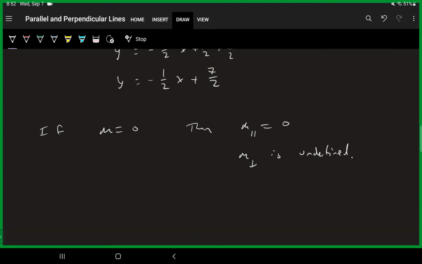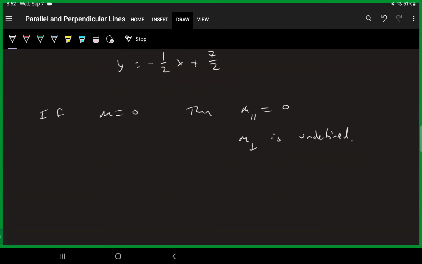So if you're given horizontal lines, you're just going to look at your y value to get the graph, and it's best to do these with graphing. And if I'm starting with an undefined slope, so a vertical line, then parallel lines are also going to be vertical. But then my perpendicular lines are going to be horizontal.